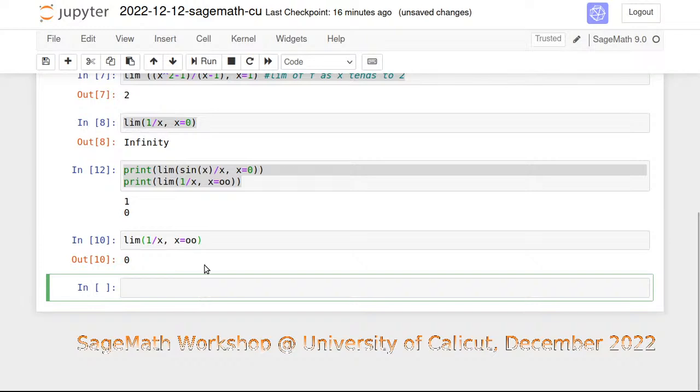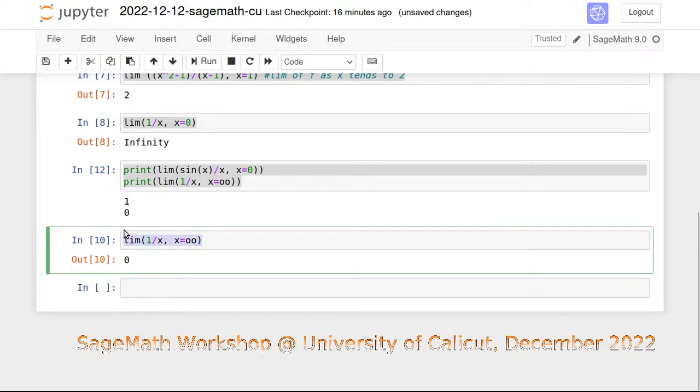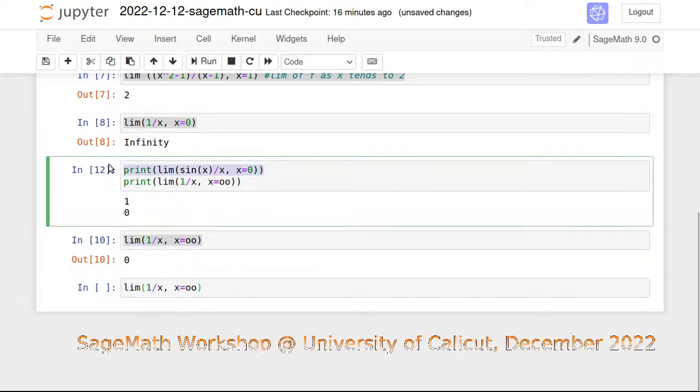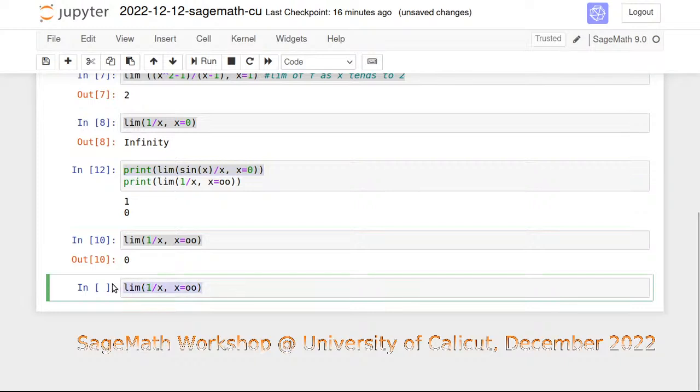Okay, now let us try to see x into sine 1 by x as x tends to 0. What happens? Will Sage be able to compute some such trickier limits? x star sine 1 by x.